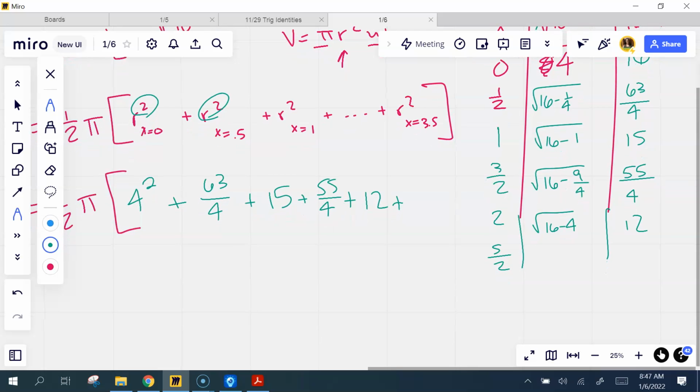You could really use your calculator to make this go a lot faster. I'm just going slow to make sure you understand. Square root of 16 minus 25 over 4. 39 over 4.